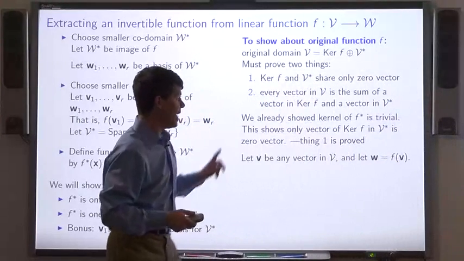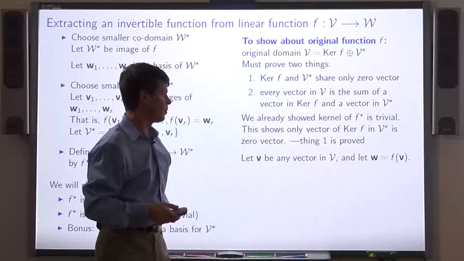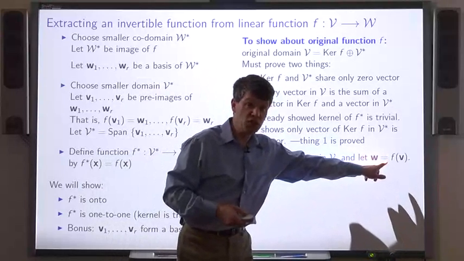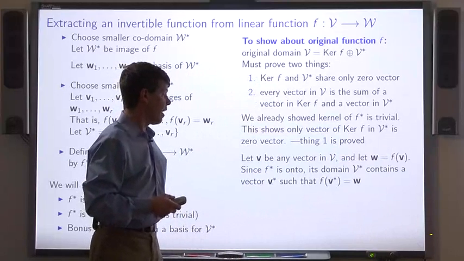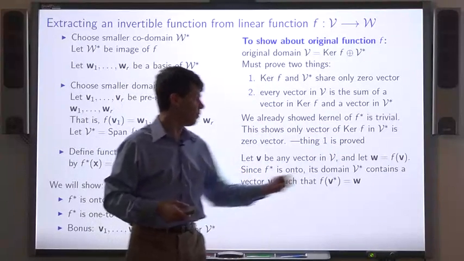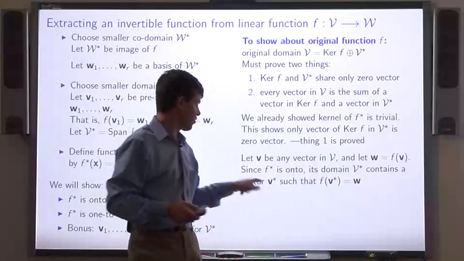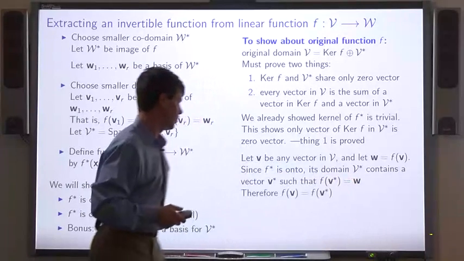Let v be any vector in the original domain, big V. Let w be the image under f of that vector v. Now, since f star is onto, its domain V star contains some vector v star such that f of v star equals w.